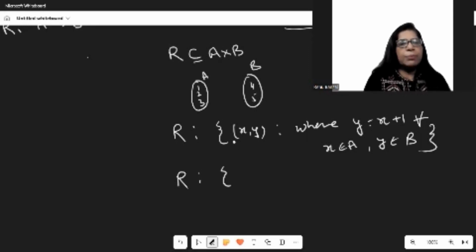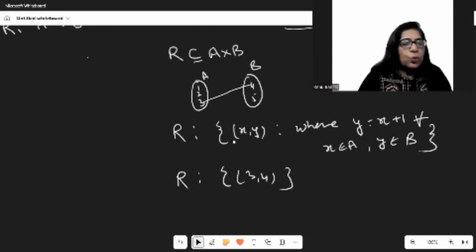If I am keeping 1, y will be 2, that is not here. If I'm keeping 2, 2 plus 1 is 3, also not here. If I'm keeping 3, 3 plus 1 is 4. So in this relation, I have only a singleton set, (3, 4). Only one element in this set.